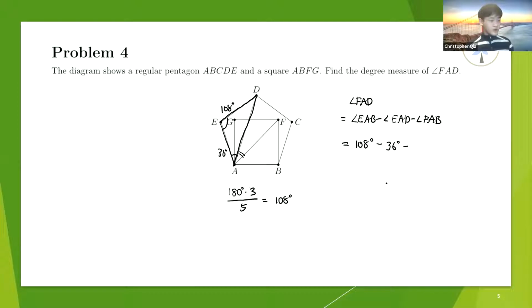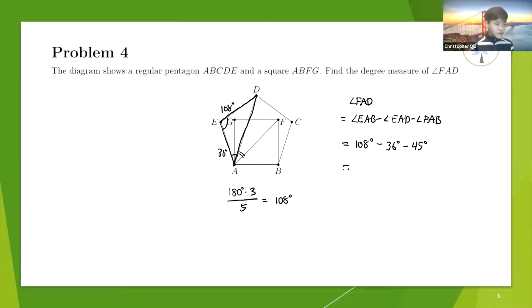And then lastly, we want to find the angle measure of angle FAB. And since AF is a diagonal of this square, we can find out that this angle, FAB, is actually equal to 45 degrees.